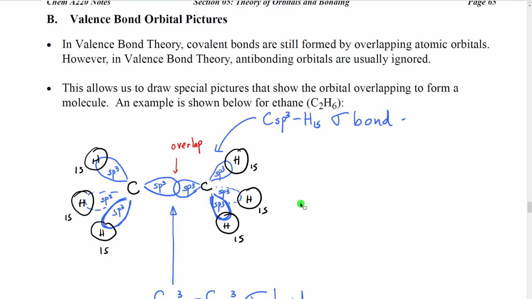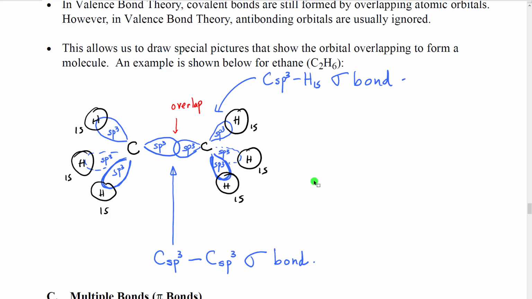Now, the way we then describe these bonds is by describing the atom, the hybridization of the orbital that we're using, then the second atom, the hybridization of the orbital it's using, and then we define the bond as either sigma or pi. We haven't seen pi bonds yet, so this would be a sigma bond.